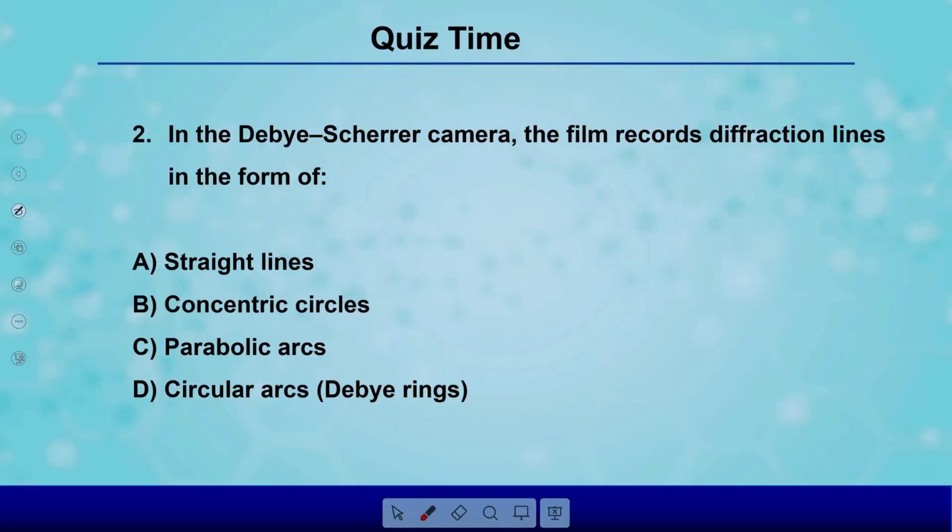In the Debye-Scherrer camera, the film records diffraction lines in the form of option A, straight lines, option B, concentric circles, option C, parabolic arcs, and option D, circular arcs or Debye rings.